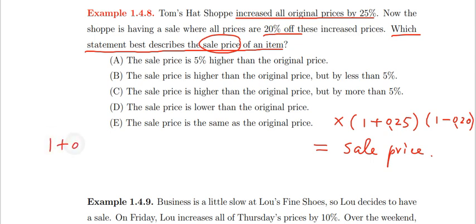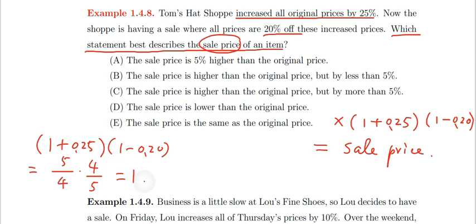1 plus 0.25, multiplied by 1 minus 0.20. I think we can use the fraction 1.25 multiplied by 80%. 80% is 4 over 5, right?